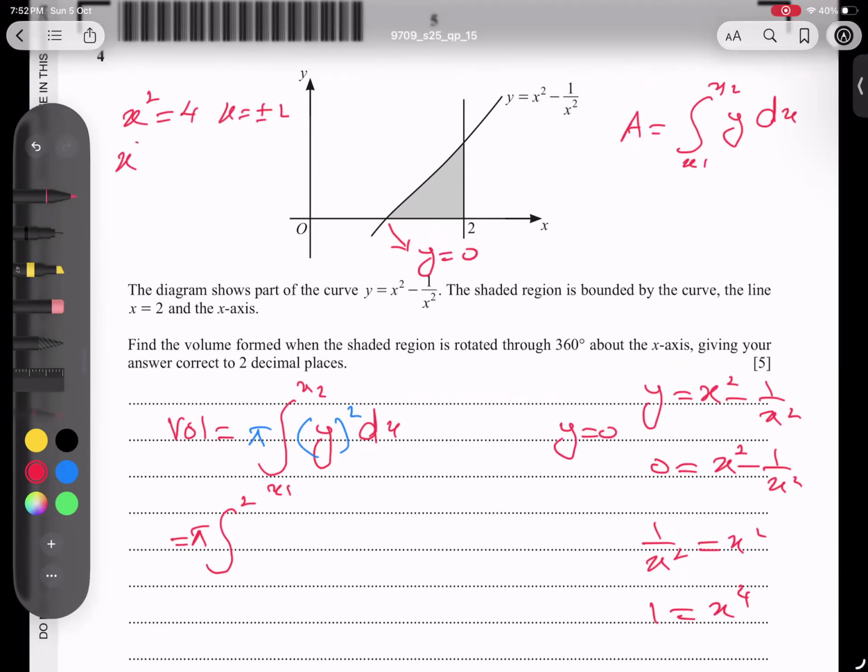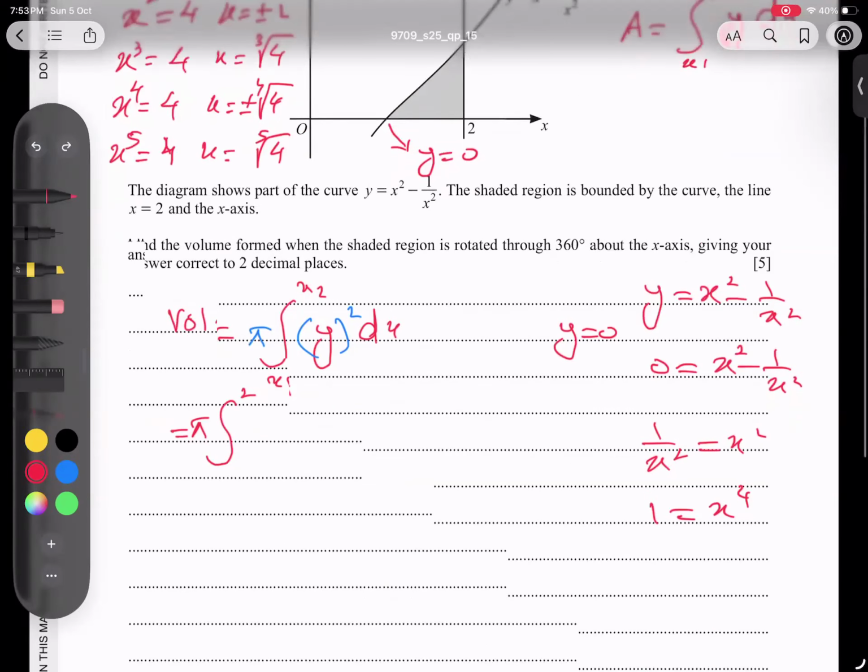Whenever the power is 3, I will get a cube root of 4, no plus and minus. When the power is 4, again I have a plus and minus outside, and the 4th root of 4. When the power is 5, I will take the fifth root of 4, but logically there is no plus and minus. So the point is very clear.